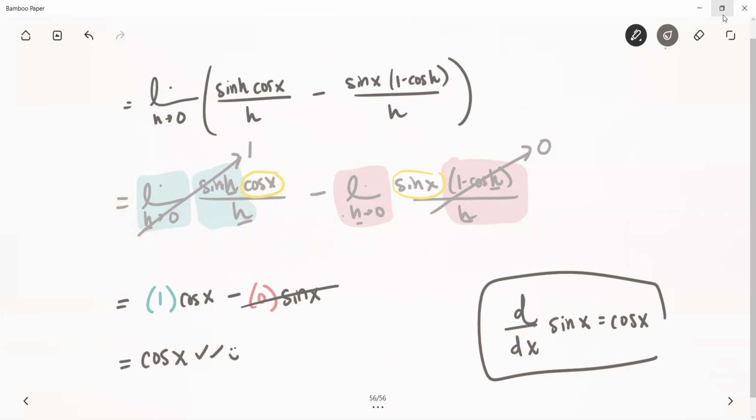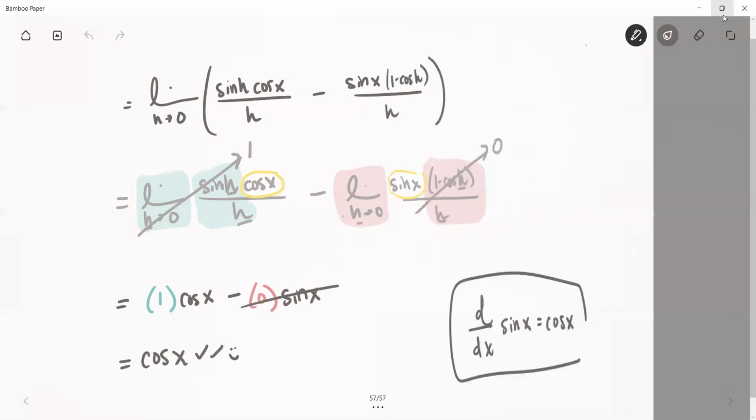So based on this, you should be able to do on your own the derivative of cosine. And we'll talk about that on Thursday. Once you find the derivative of cosine, I also encourage you to try to find the other trig functions.